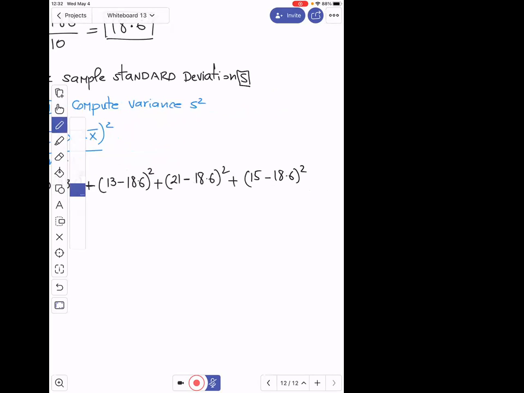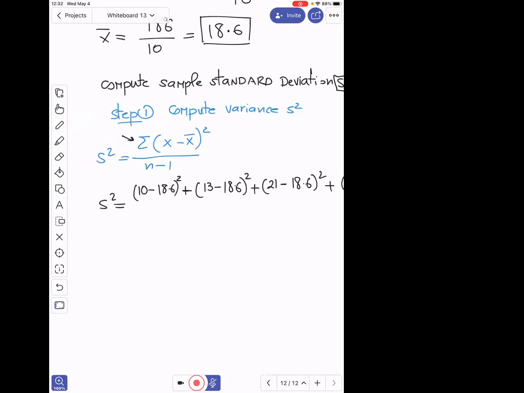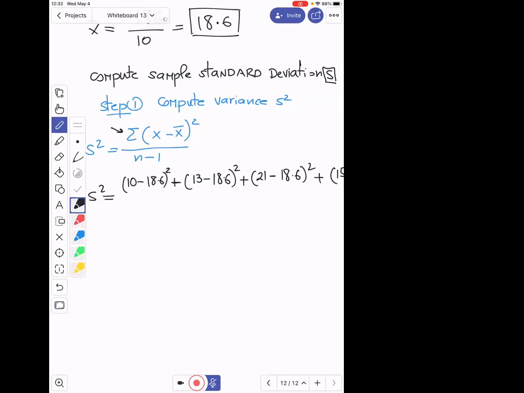So for example, here, I'm gonna just write plus etc. You have to do the same thing for all the data values, right? And then don't forget to divide at the end by n minus 1. We have 10 numbers, so that's 10 minus 1. So first I do 10 minus 18.6, that's negative 8.6, right?